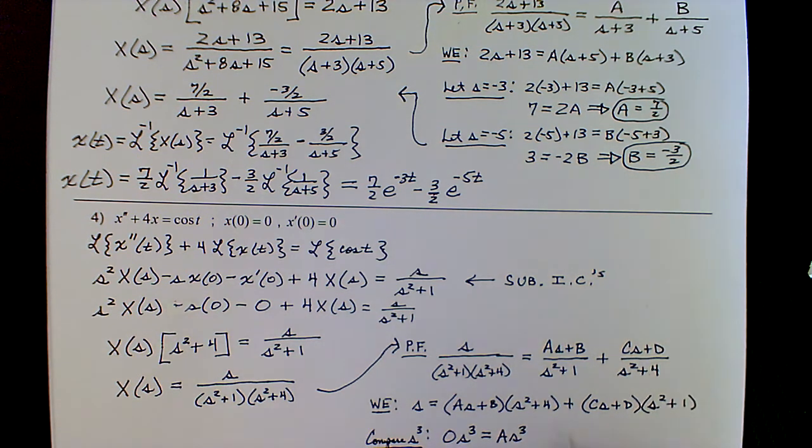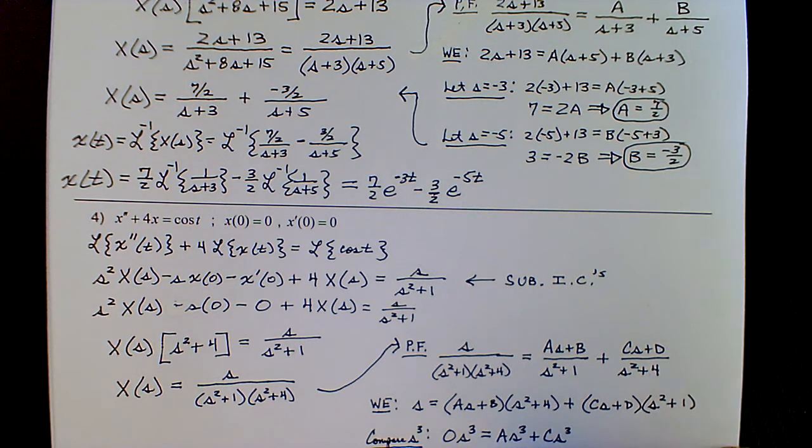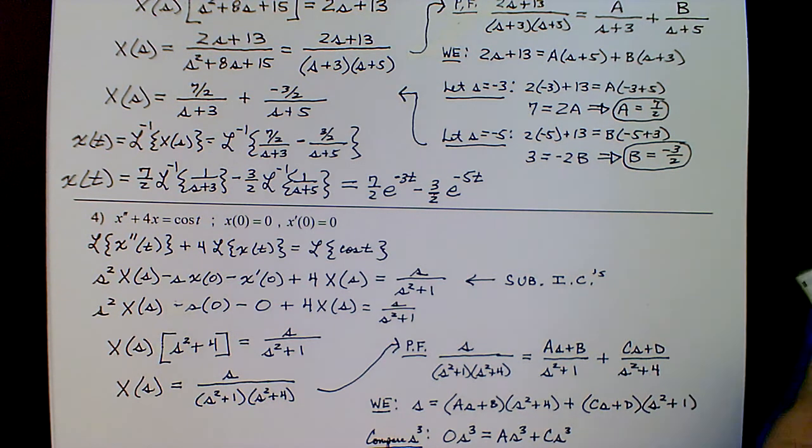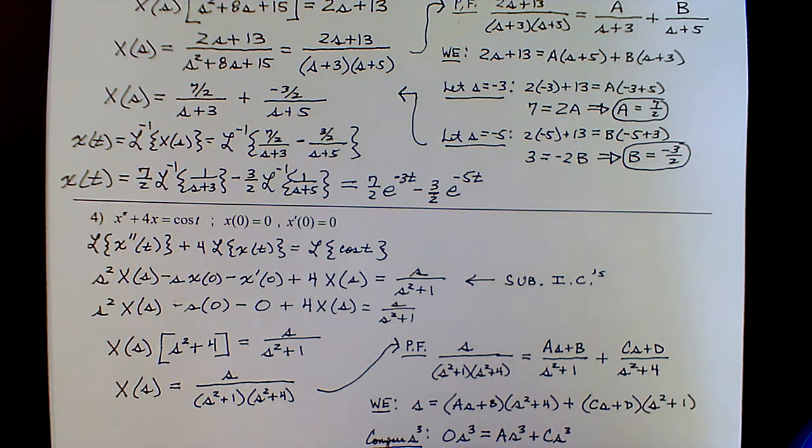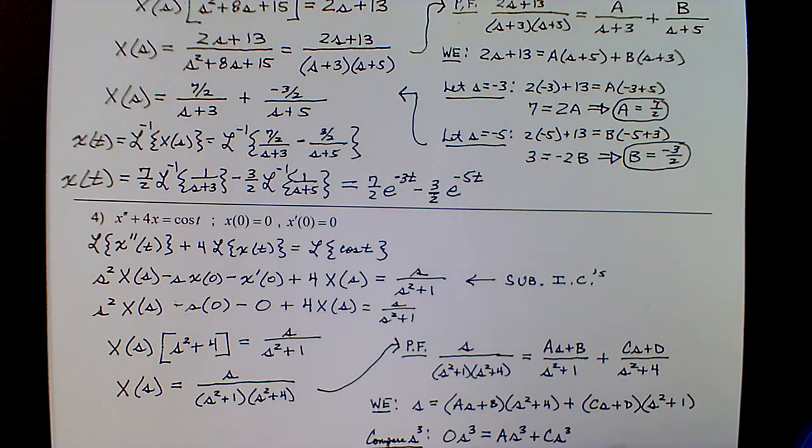And there's a cs cubed, coming from the product of cs times s squared. So that gives, when we divide out the s cubes, 0 equals a plus c. So there's one equation and two unknowns.